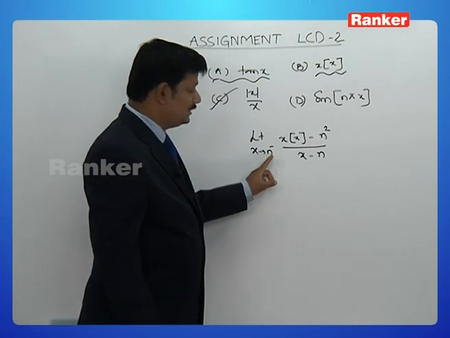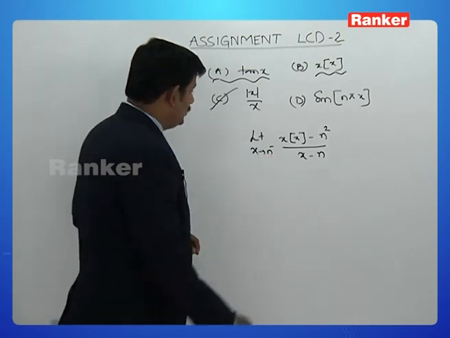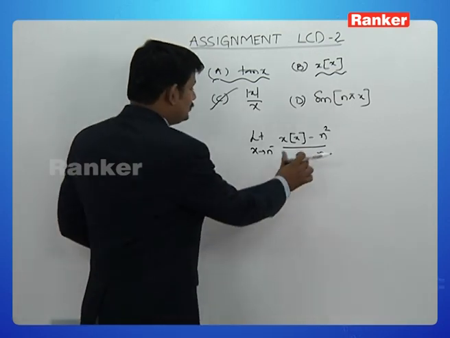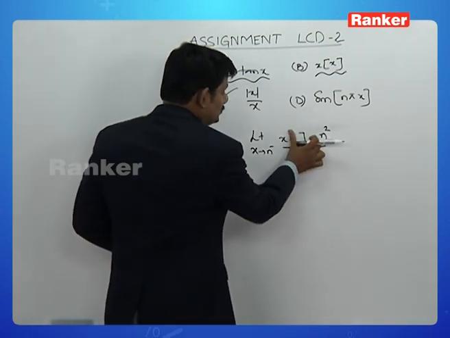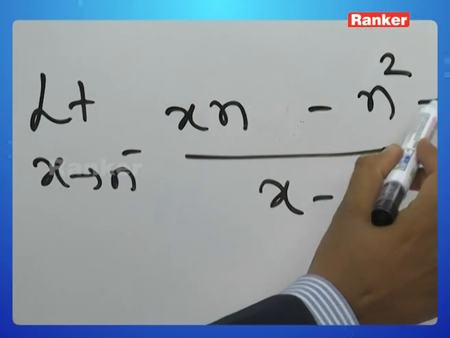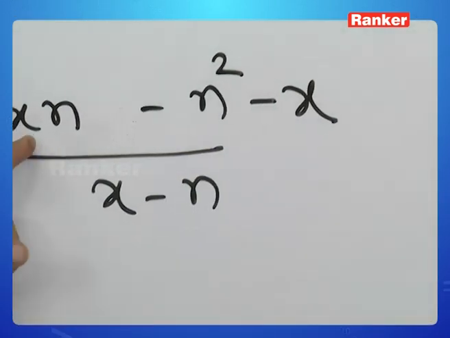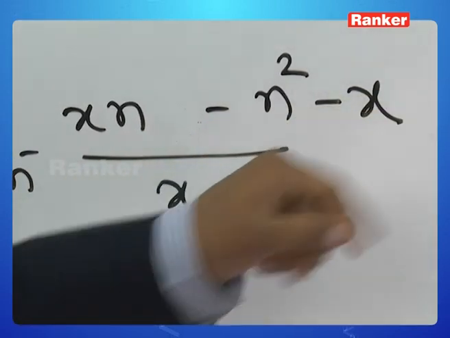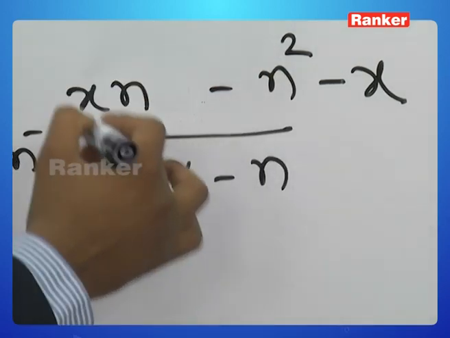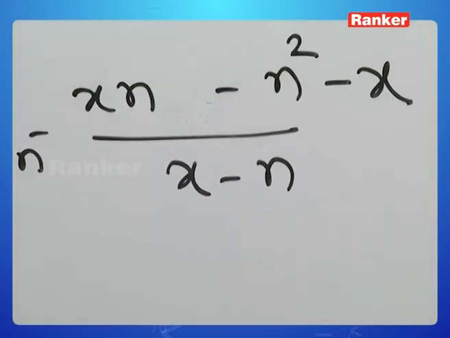When x is smaller than n, integral part of x would be n minus 1. So, this is x into n minus 1, which I can write as xn minus x square minus x. Now, we can see x minus n gets cancelled here.